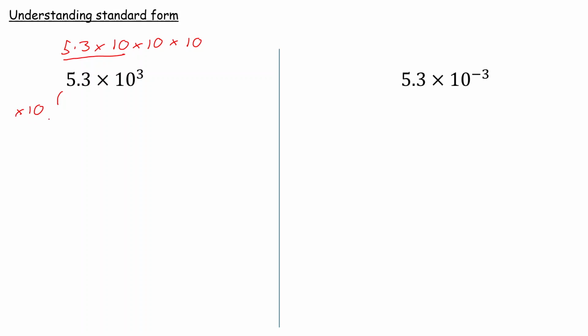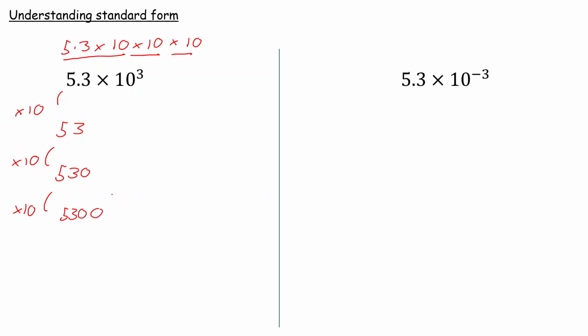Well, 5.3 timesing it by 10, you're going to get 53. I then take 53, I times it by another 10. 53 times by 10 is 530. If I take 530 and times it by another 10, we're going to get 5,300.